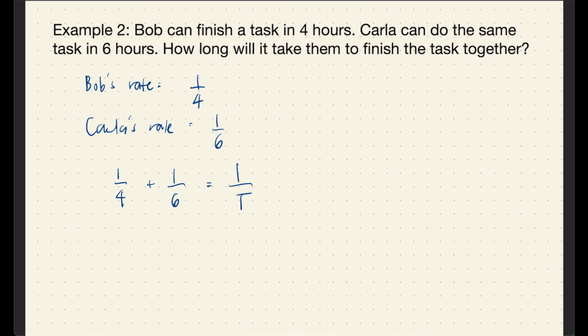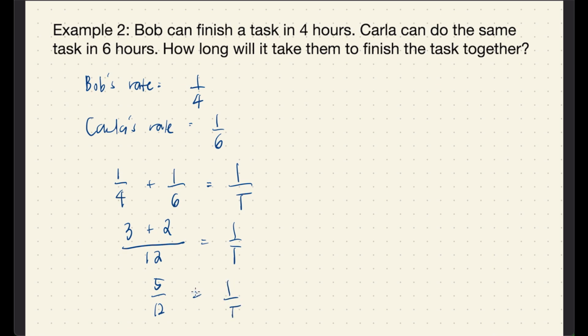The least common denominator would be 12. 12 divided by 4 is 3 times 1, so 3, plus 12 divided by 6 is 2 times 1, it's 2. So 3 plus 2 is 5 over 12.